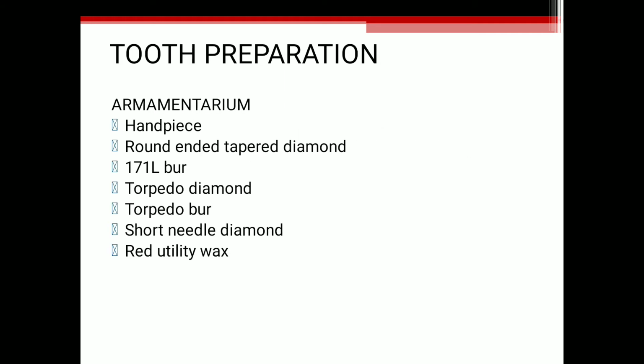Now coming to the tooth preparation. Before you start your tooth preparation, you should know what armamentarium is required, as I discussed in the earlier slide about burs. For example, when you are doing a simple cast metal crown on 4/6, what do you require?